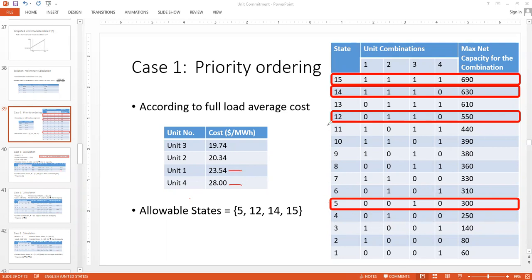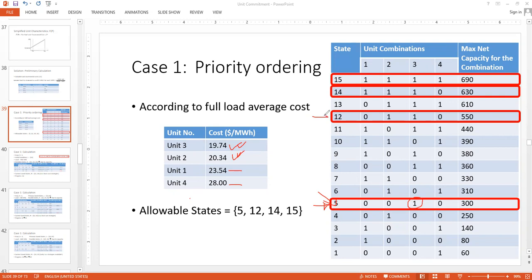Similarly, you can check all the other combinations, and finally you would find that the first allowable state is number 5, where the first priority unit, unit number 3, is on. Next, unit 3 and unit 2 will be on, with unit 1 and unit 4 off.